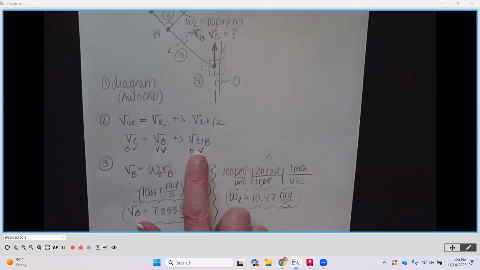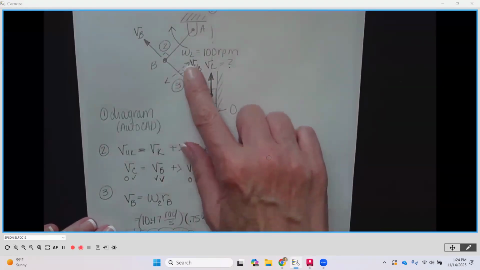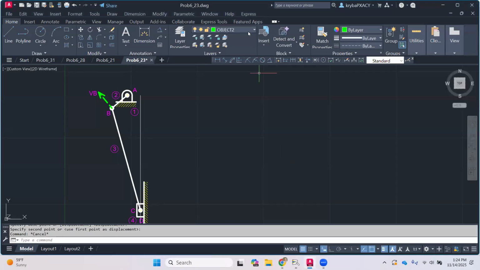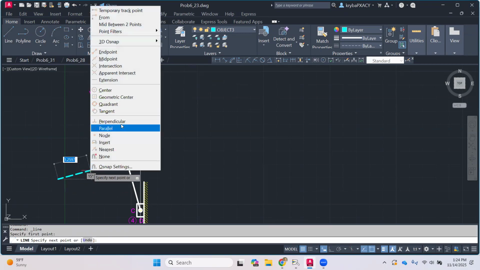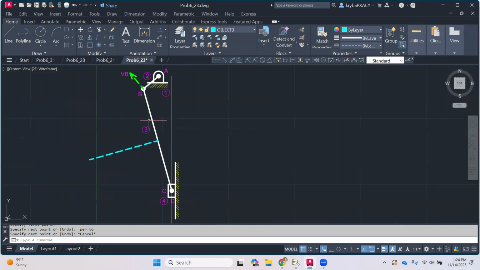Okay, so now that took care of my velocity of B. Let's put in the direction for C relative to B, which is perpendicular to link number 3. So going back to AutoCAD, changing my layer to object 3, and I'm just simply going to create a line that is perpendicular to that link number 3, okay?